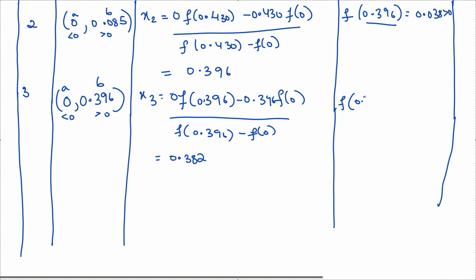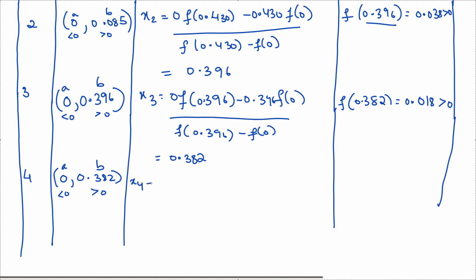Now f of 0.382 is equal to 0.018, which is greater than 0 again. So we are going to replace whatever was greater than 0 in the previous interval with our new x value. So fourth iteration 0, 0.382. So this is our A, this is our B. This gives us less than 0, this is giving us greater than 0.